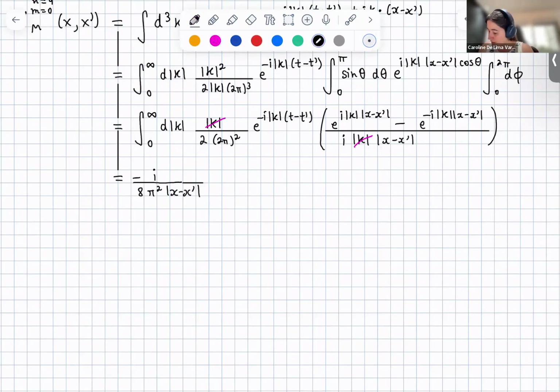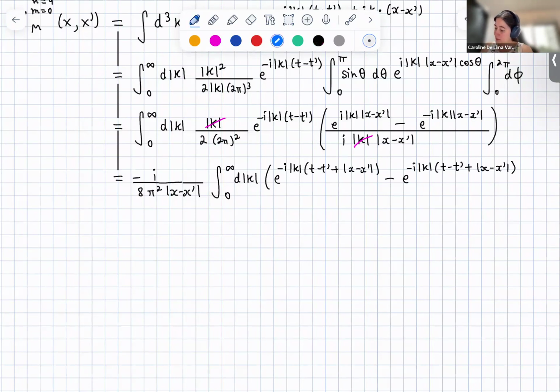And then we're going to have the integral from 0 to infinity of dk times, just rewriting, e to the minus i norm of k times (t minus t prime plus norm of x minus x prime). And then the other one is going to be e to the minus i k times (t minus t prime minus norm of x minus x prime), right?